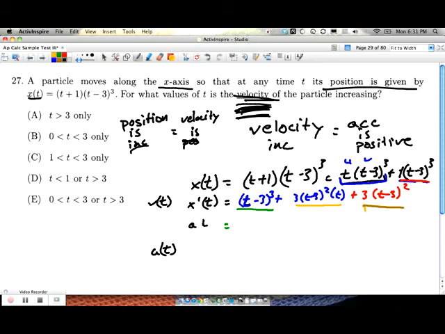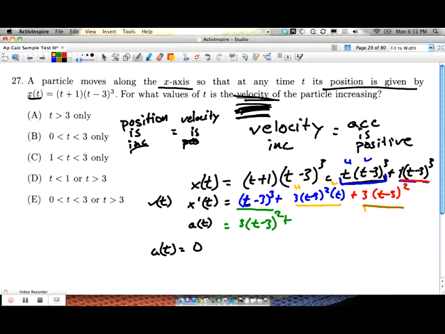And then we eventually want to set that equal to 0. Why? Because that's going to tell us when we have critical points that we can see where it's increasing or decreasing. Well, this first one we have 3 times t minus 3 to the third power. So that's going to become 3 times t minus 3 to the second power, plus, now the second one we have u prime v plus v prime u.